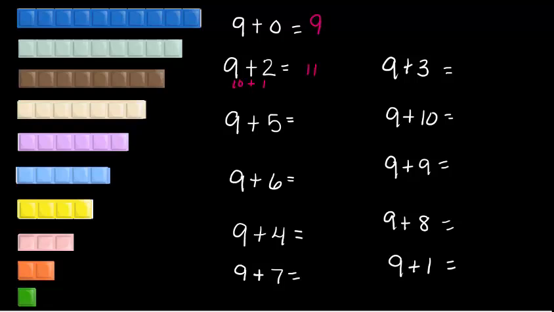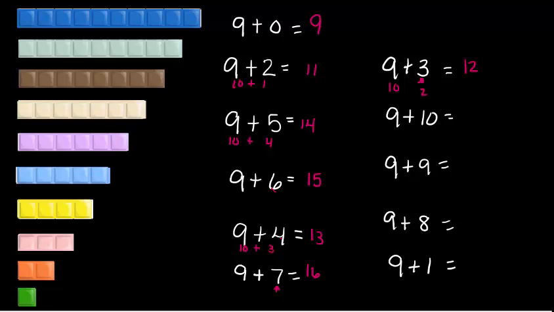That's 11. 9 plus 5, it's the same as 10 and 4, so that's 14. 9 plus 6, this is going to go down 1, and it'd be 15. 9 plus 4, the same as 10 plus 3, that's 13, so that 4 went down 1. 9 plus 7, it's going to go down 1, this will be 16. 9 plus 3, when this becomes a 10, this goes down 1, so that's 12.